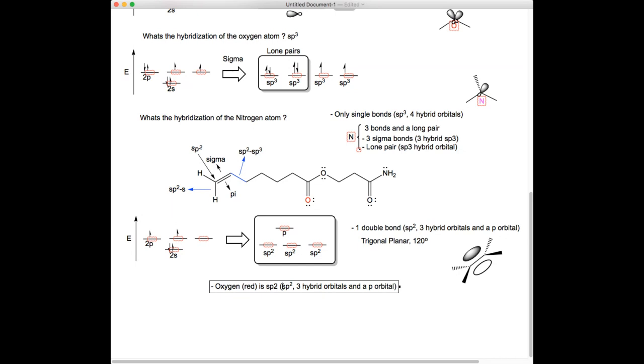So if it's sp2 hybridized, it means that that oxygen will have 3 sp2 hybrid orbitals and a pure p orbital. When I say this oxygen is sp2, I am saying that there are 3 sp2 hybrid orbitals around this oxygen, and there is 1 p orbital on this oxygen too. Those are the 4 orbitals in the valence shell of this oxygen.